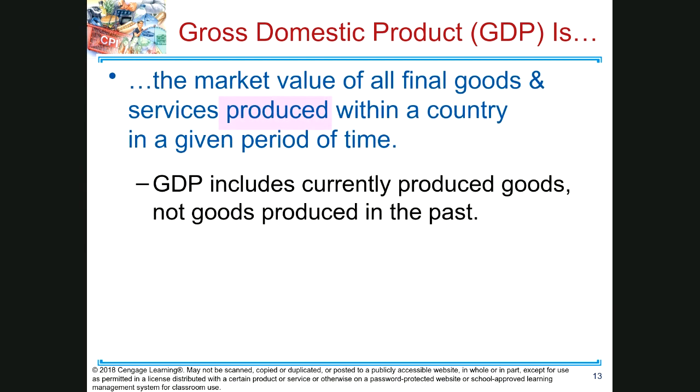Produced, which is produced in that period of time, not before. That would be a used item. We exclude used item expenditure in our GDP.